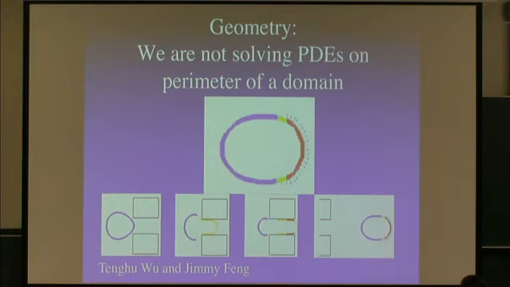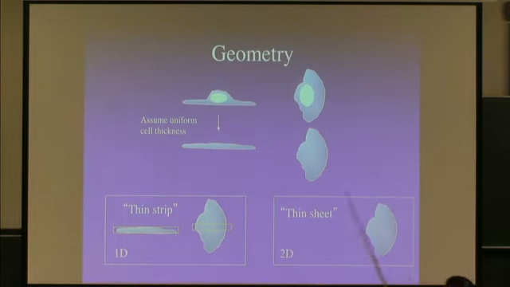So quite commonly in the literature, you see chemistry modeled on the perimeter, where people say this is the cell membrane or the edge of the cell, and this is the cell interior. But that's not what I'm doing. That's not what my group has been doing. Rather, we're looking at 1D, which is a diameter of a cell, right?